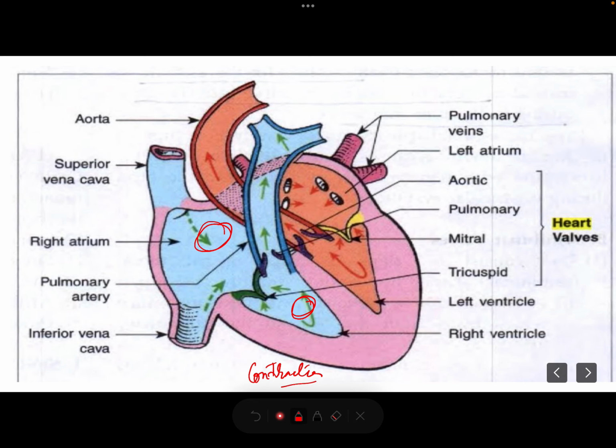So in diastole, this tricuspid valve is open and it is also called filling phase. So the option, the atrioventricular valves closed and semilunar valve open, is a wrong one.